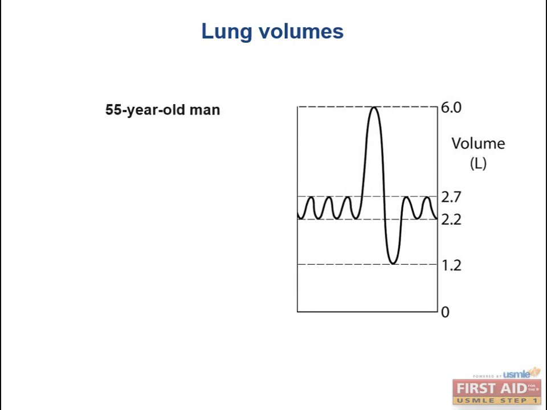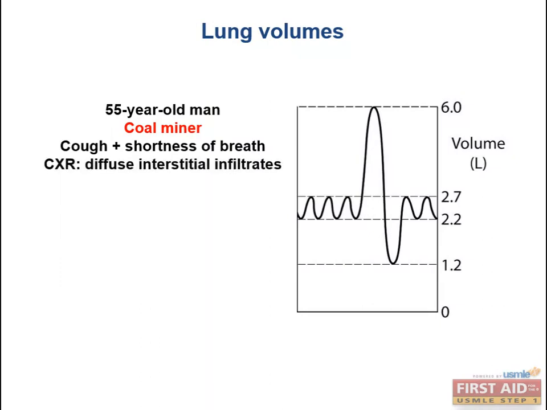For example, you see a 55-year-old coal miner with a long-standing cough and progressive shortness of breath. He has inspiratory crackles, and you see patchy bibasilar interstitial infiltrates on chest x-ray. So what would you expect the lung volumes to be like on pulmonary function testing?